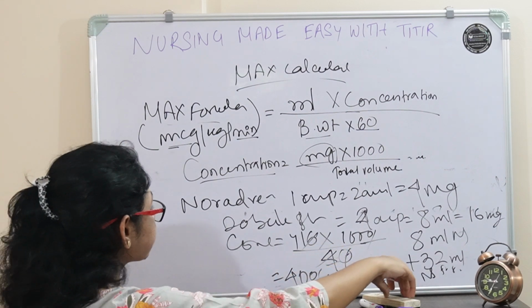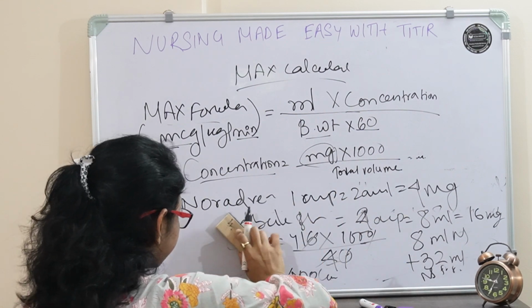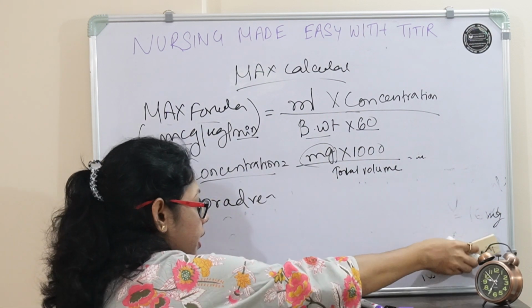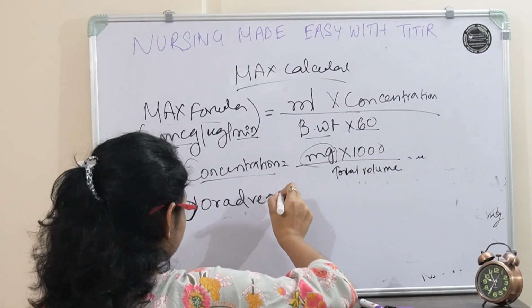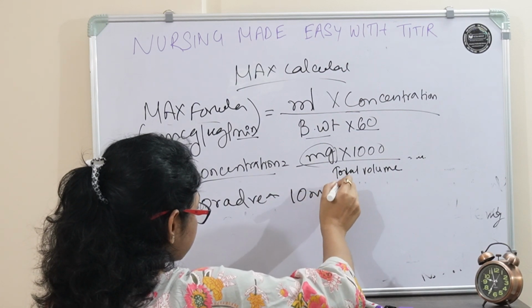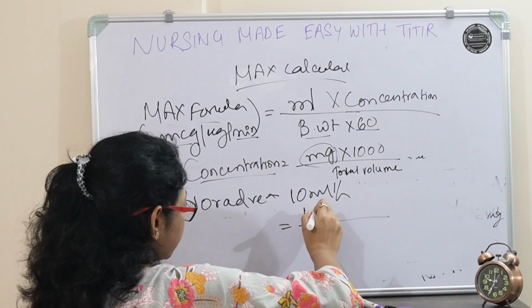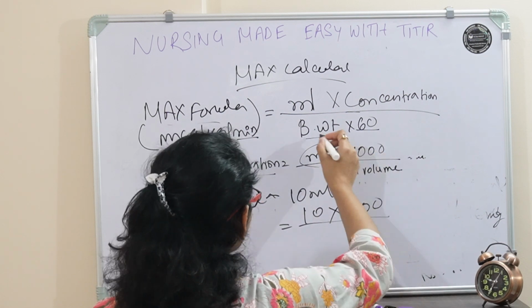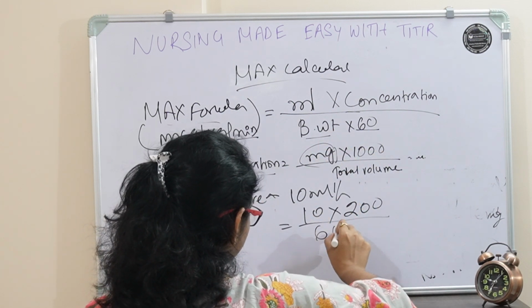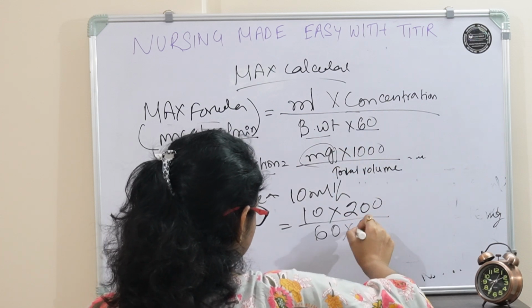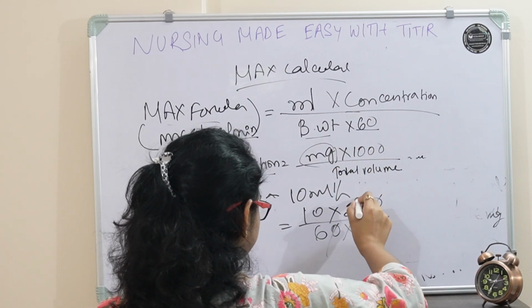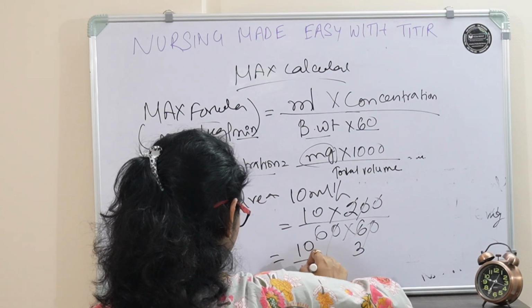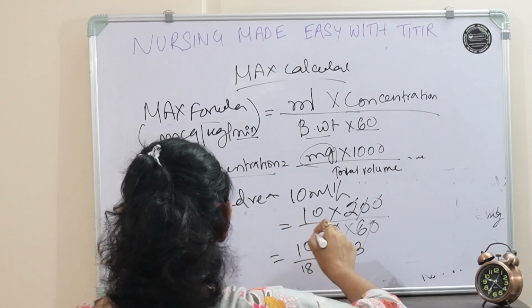For norad max calculation, it will be the same. If you are using single strength, the concentration as we calculated is 200. So norad 10 ml per hour I have to start. So it is 10 into concentration for single strength 200, body weight is 60, let's assume, into 60.